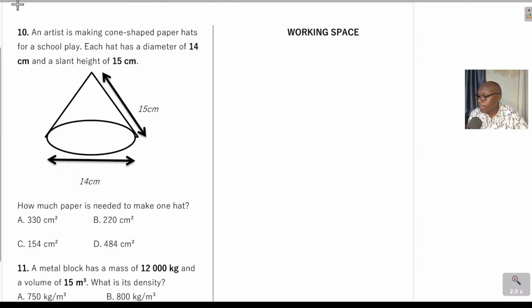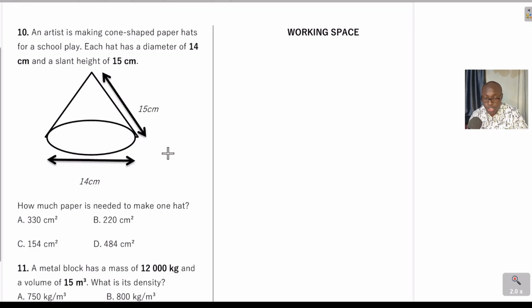Now for question 10, an artist is making cone-shaped paper hearts for a school play. Each heart has a diameter of 14 centimeters and a slant height of 15 centimeters. As you can see there, how much paper is needed to make one heart? So you have to get the surface area.